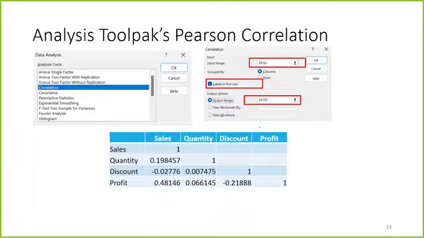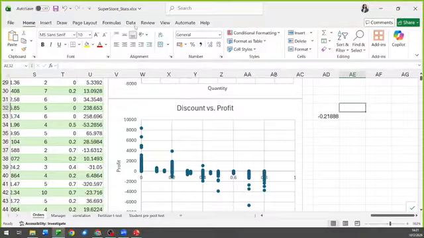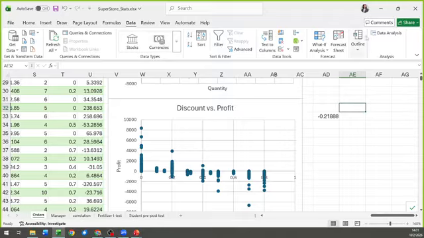This is called the Analysis ToolPak, the correlation. So let's go to the Analysis ToolPak. I think you have used it before, so go to Data and Data Analysis here.